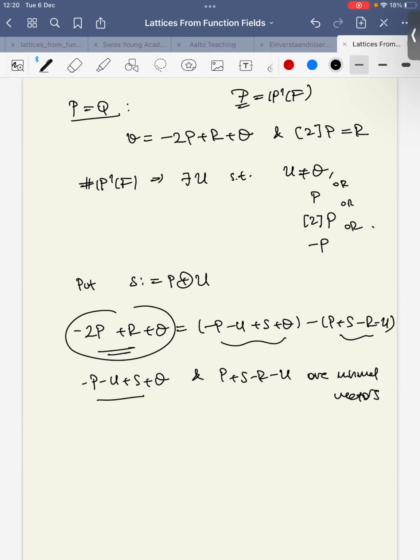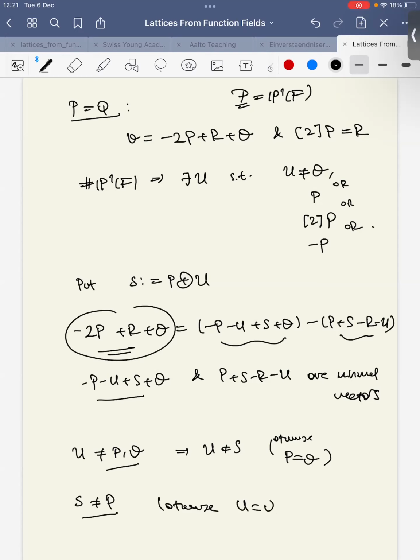By the choice of U, which is different from P and O, we can observe that U should be different from them, or otherwise P equals the identity. This is not the case. And indeed, this S should be different from P, otherwise U is infinity, but we chose U different from the identity.